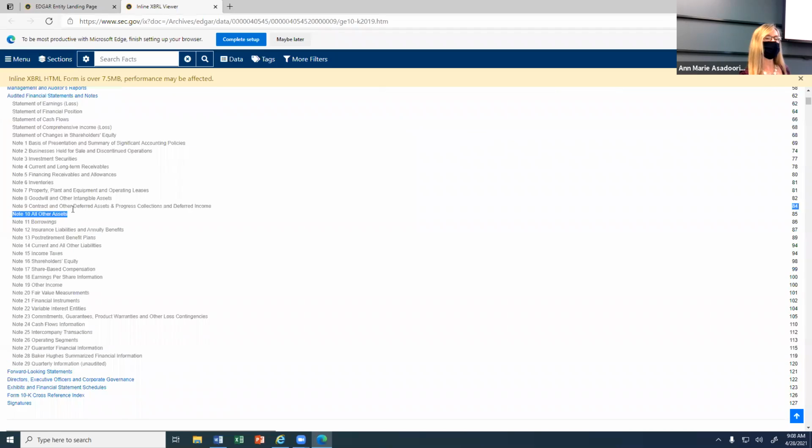So what I said last class is, this is a fairly new pronouncement when you're talking about having these huge companies break them down into segments. So it tends to be in the later footnotes, which it actually is here. So if you look at number 26, it says operating segments, and that's what you're going for.